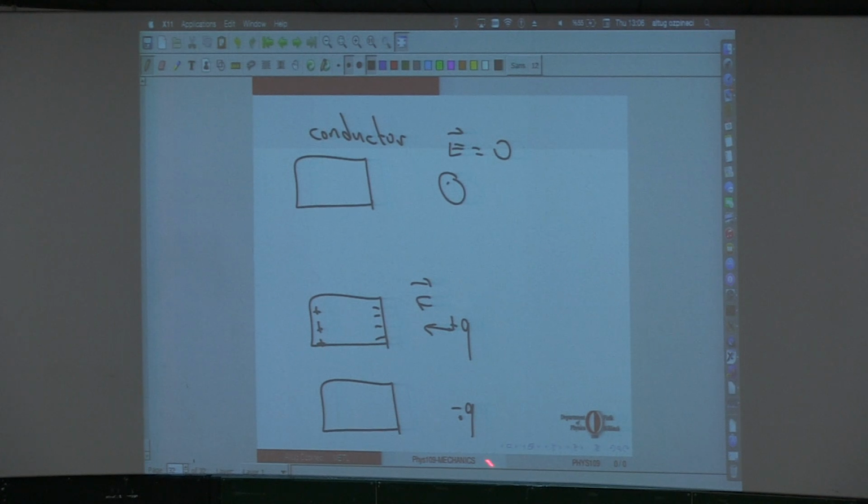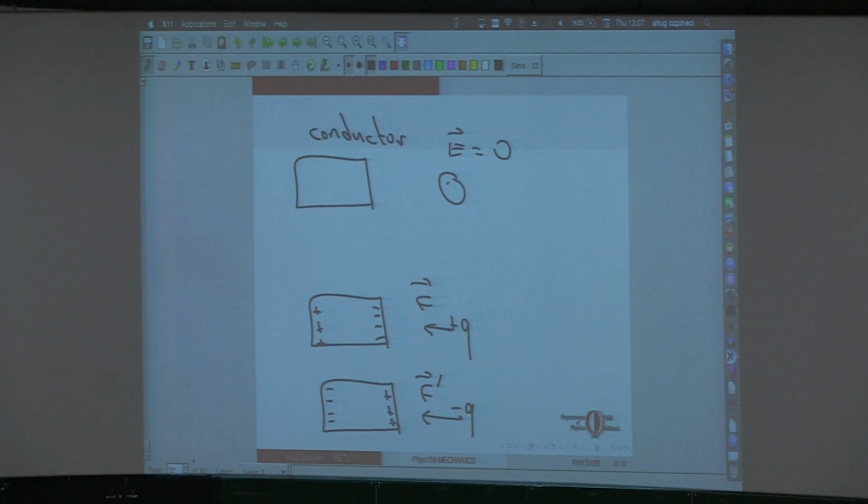A similar thing will happen over here. This is a negative charge, so it will push negative charges inside my conductor. So I will have negative charges accumulated on the other end, and positive charges accumulated over here. Positive charges are closer to the negative charge, so they will create a larger attractive force. So the net force will again be attracting.